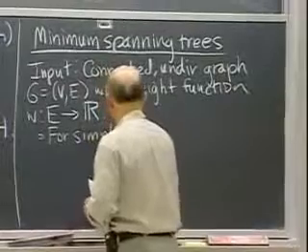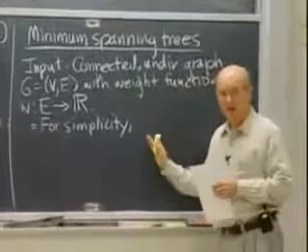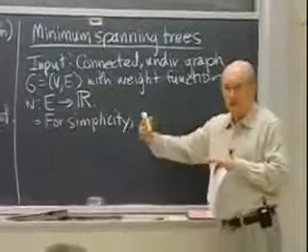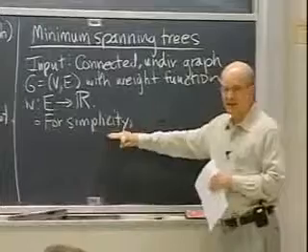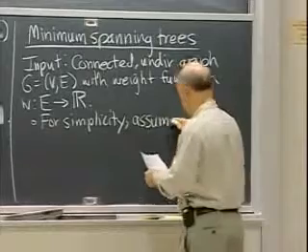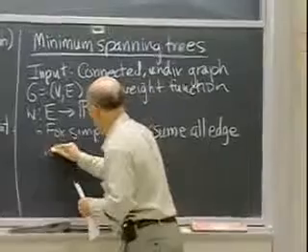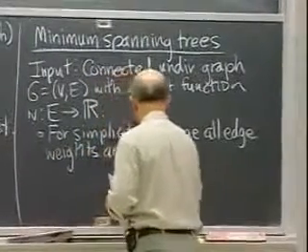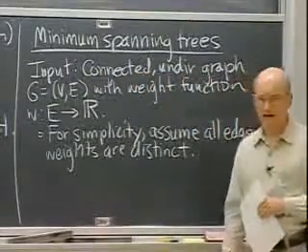The book does not make this assumption, and so I encourage you to look at the alternative presentation there, because what they do in the book is much more general. But for simplicity and intuition, I'm going to make this a little bit easier. We're going to assume that all edge weights are distinct. Okay? All edge weights are distinct.